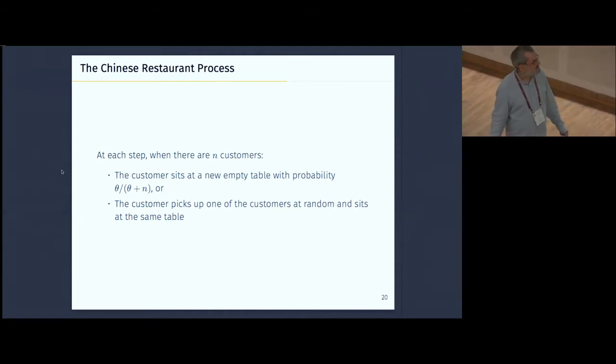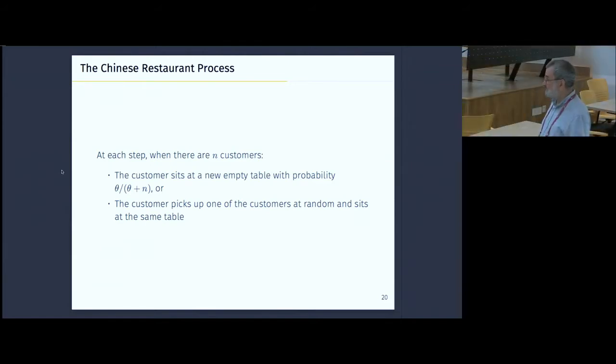Clients get into the restaurant, and then they have a probability theta to sit at a new table. Or they pick at random one of the customers who are already in, and they sit at the same table.